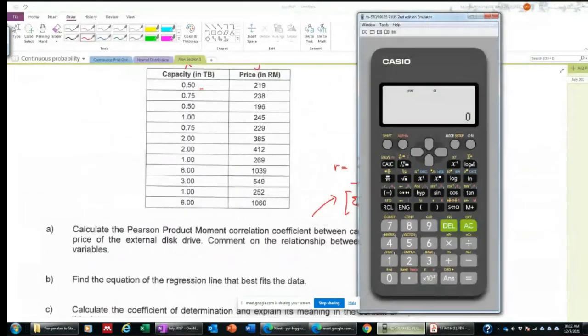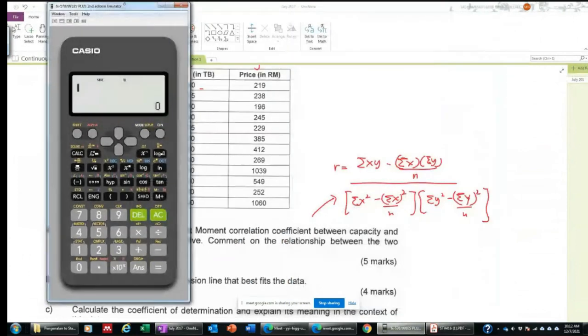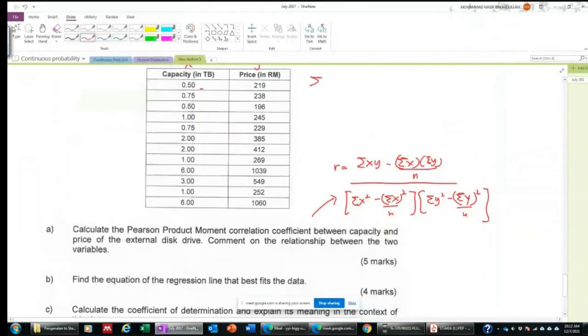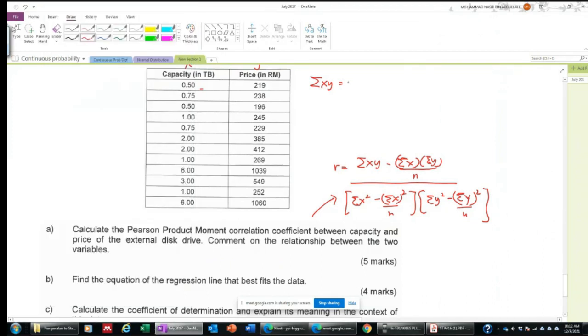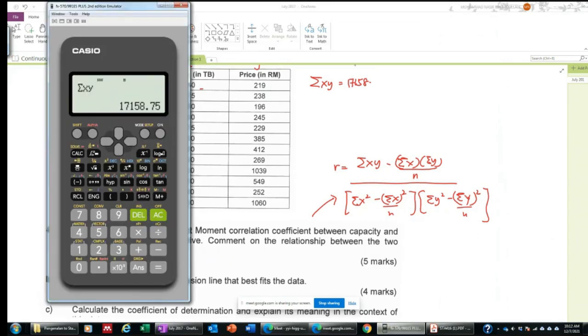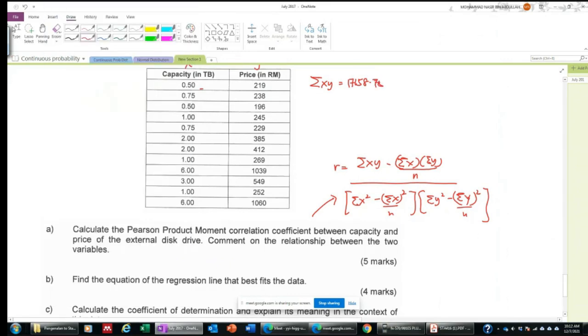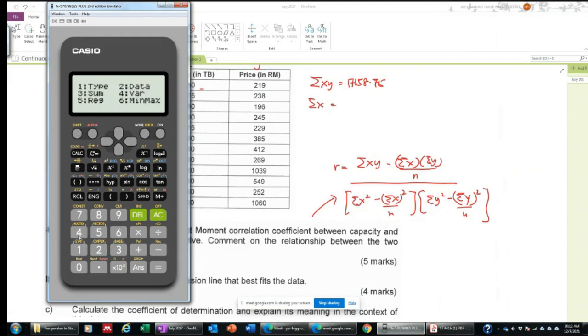So now we need to have all these values. Summation of xy will be how much? Press shift 1, press sum, number 3, xy is number 5. So 17158.75. Summation of x will be how much?